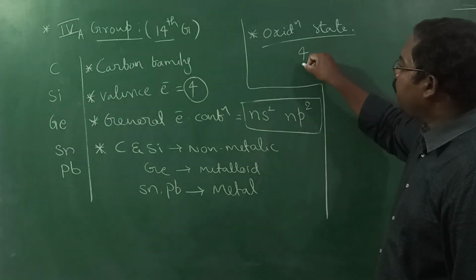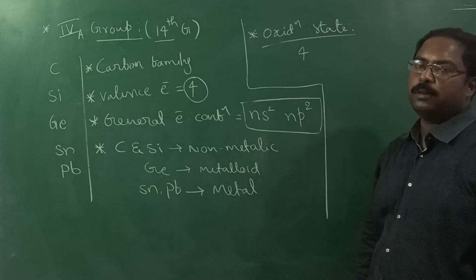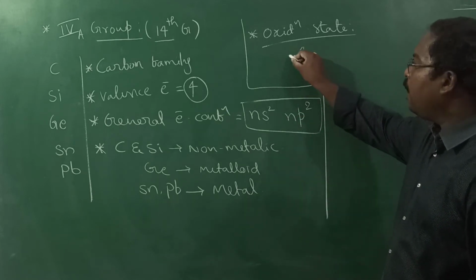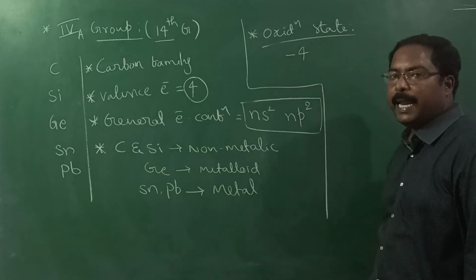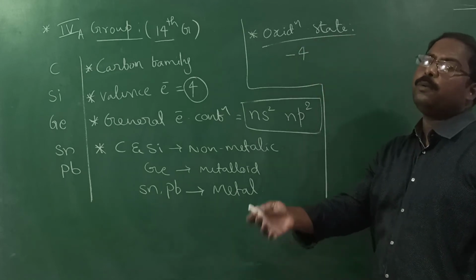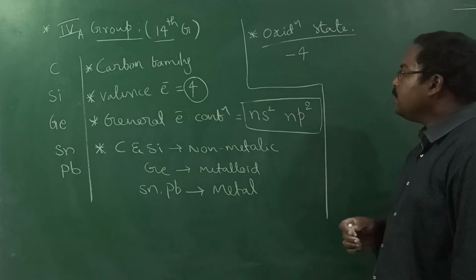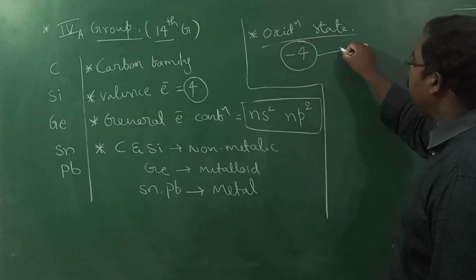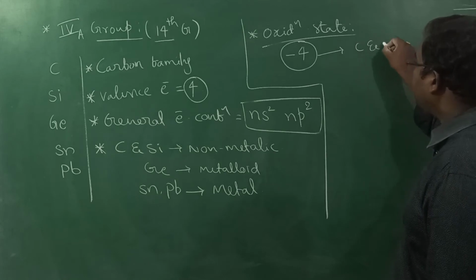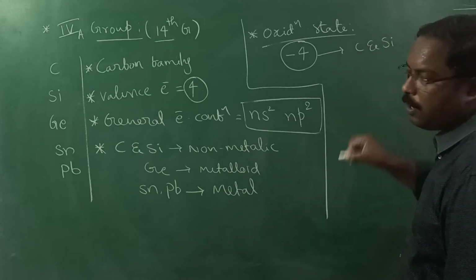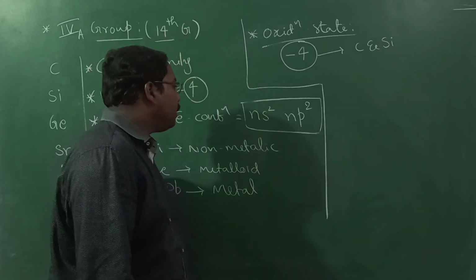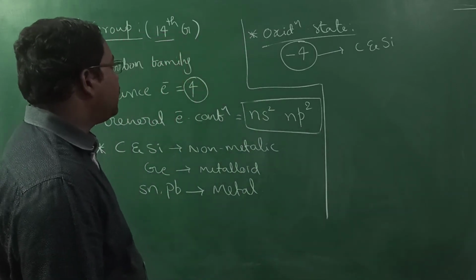So they will exhibit the oxidation state of 4. What will be the charge? Minus 4 or plus 4? The sign will be minus because they are able to gain electrons. So this minus 4 oxidation state will be exhibited by carbon and silicon mainly. Remember that point.